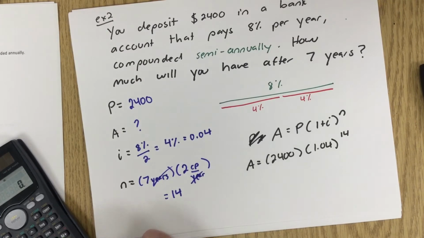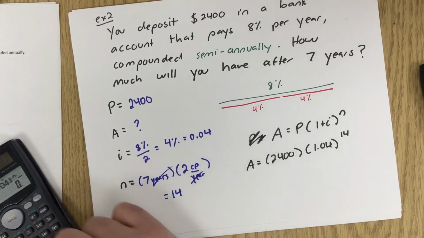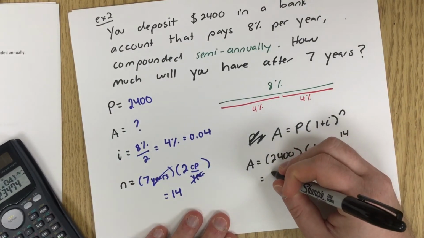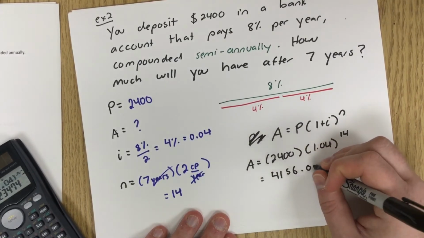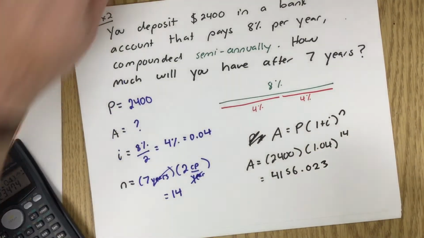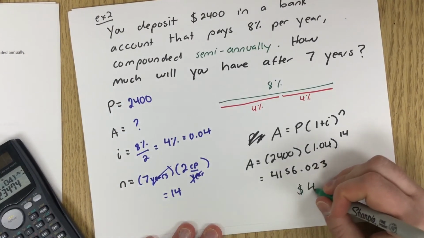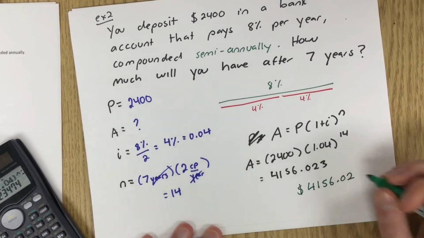So 2,400 times 1.04 to the power of 14, which is going to be 4,156.023, which we're going to say is $4,156.02.